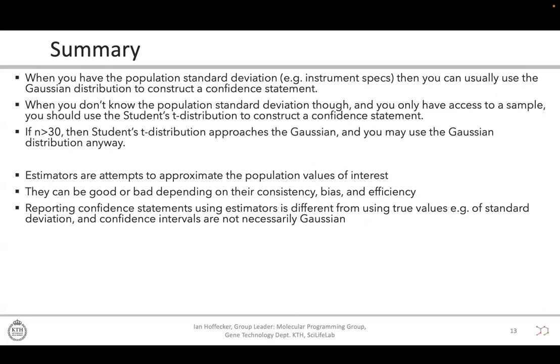And some of these estimators are going to be slightly different than the population counterparts. So for example, for the variance, you're dividing by n minus 1. So it's just good to know about these. And whenever you're reporting confidence intervals or making these confidence statements using estimators, keep in mind that confidence intervals might not necessarily follow the Gaussian distribution if you're using an estimator.